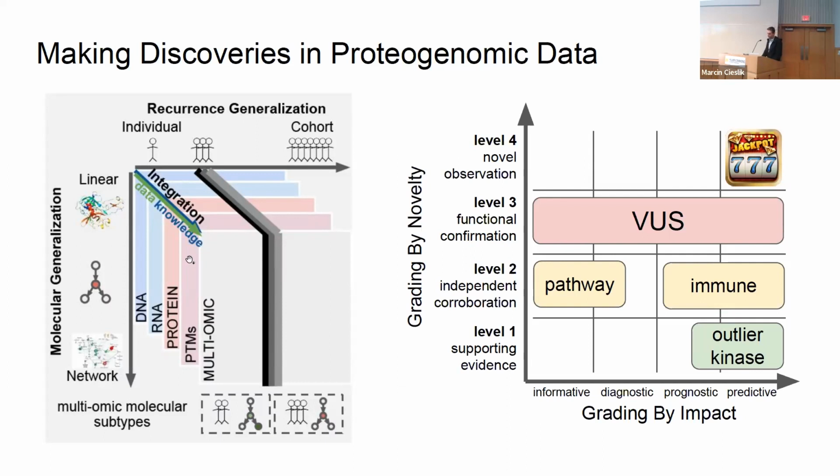And ideally, we want to make novel observations that are predictive in nature, because that's what we currently lack most. We do not often have the biomarkers and the clinical tools to determine who will respond to therapies, who will benefit, and what types of therapies they should be getting. So lots of our effort is on trying to identify predictive biomarkers.